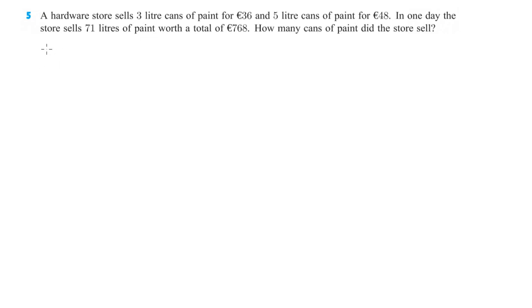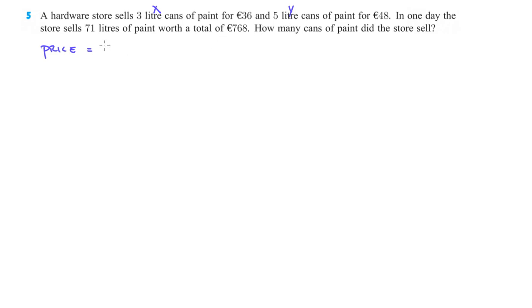So we know that the total price is going to have to equal the, let's call the 3-liter cans X and the 5-liter cans Y.